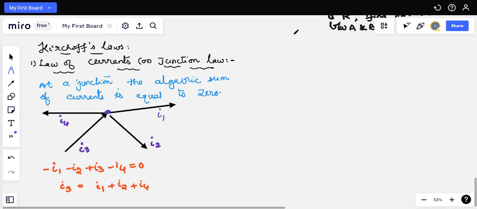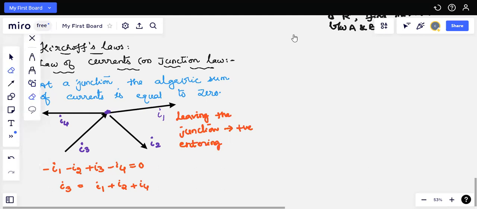So here the convention I followed: leaving the junction, I took as negative, and entering the junction, I took as positive. This is my sign convention. That is your wish.